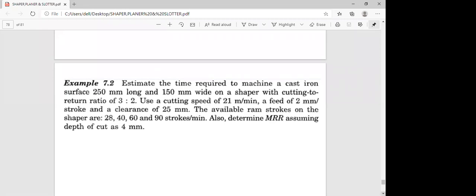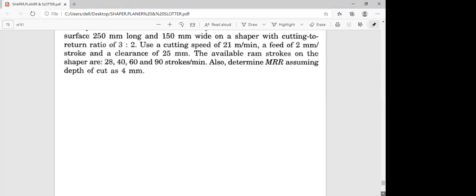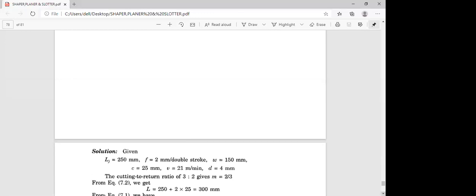The available ram strokes he has given are 28, 40, 60, and 90 strokes per minute. He has given 4 values. We'll see how we apply that in the problem. Also determine the MRR, material removal rate. The depth of cut you have to take as 4 mm. So what is LJ?